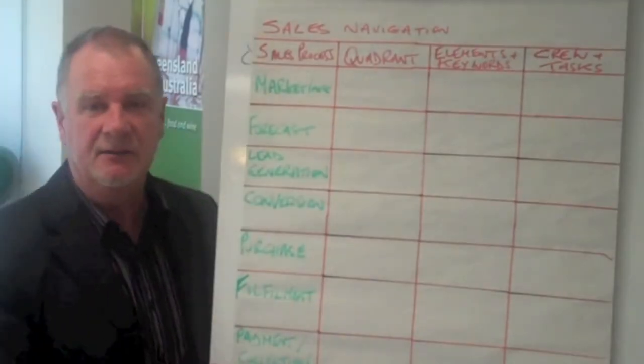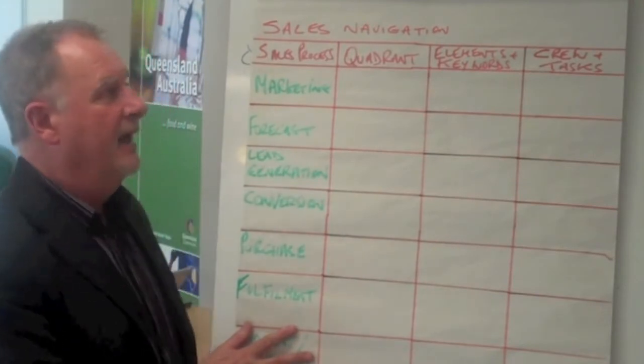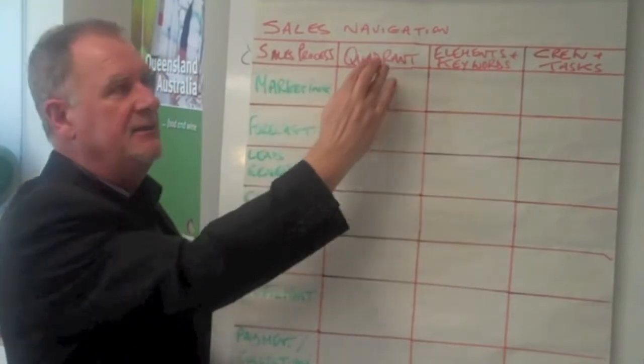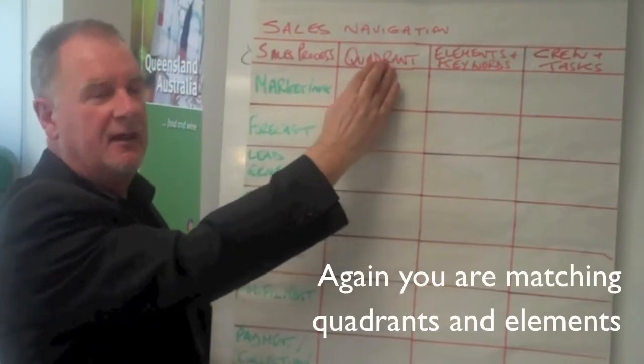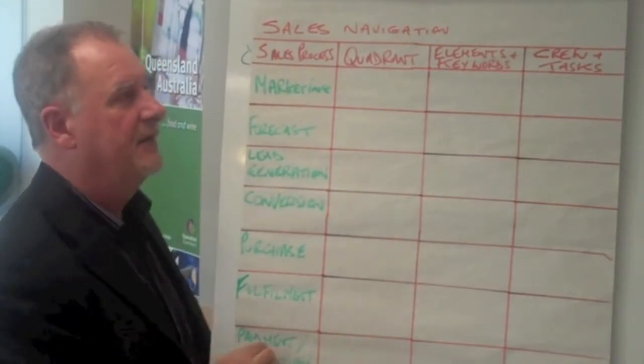So we start with the sales navigation, the sales process. And what we're trying to do is break down the sales process into the various quadrants that apply to each of the elements of a sales process.